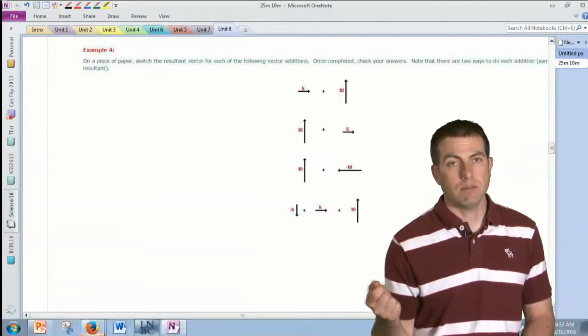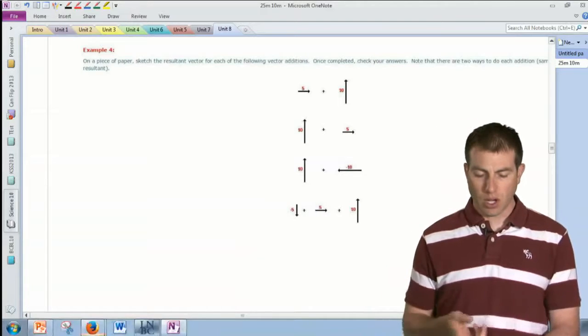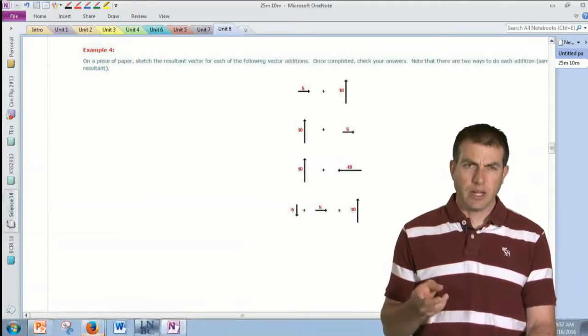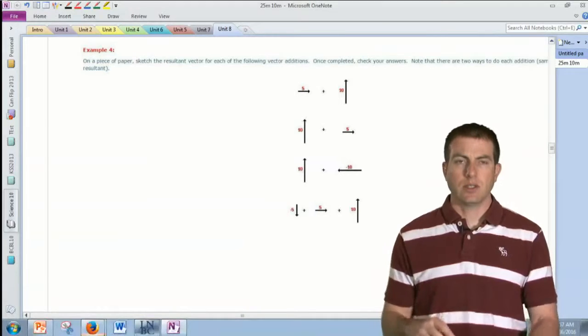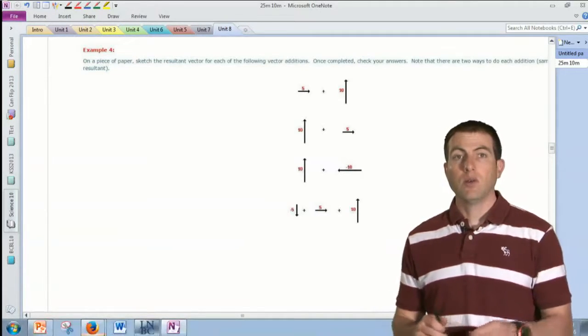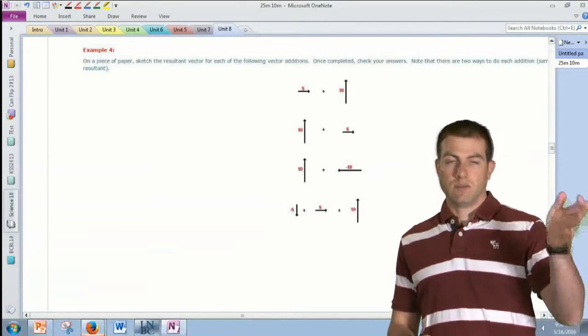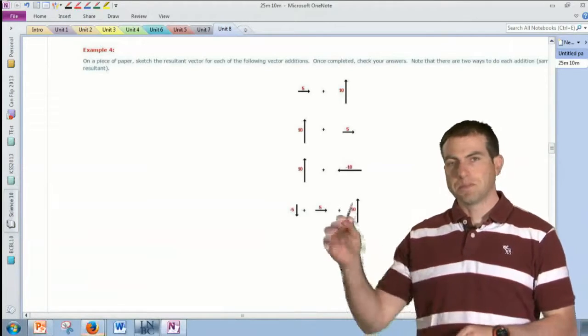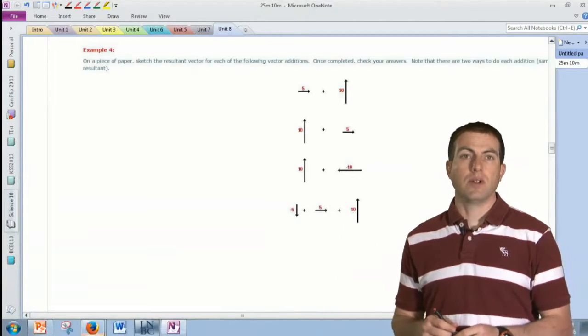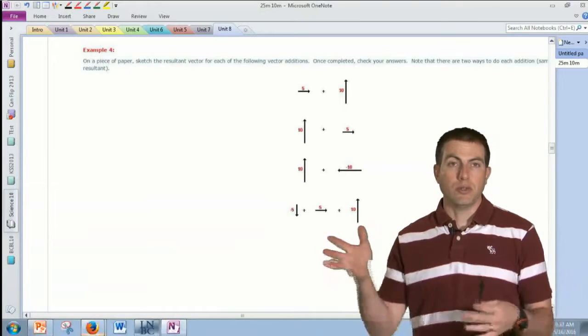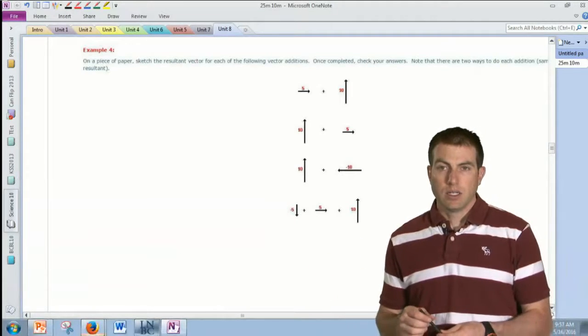Where do you end up? What happens if you're drawing vectors going in different directions? If I say, hey, go 5 kilometers an hour south, and then go 3 kilometers an hour to the right, where are you going? Which direction are you headed?